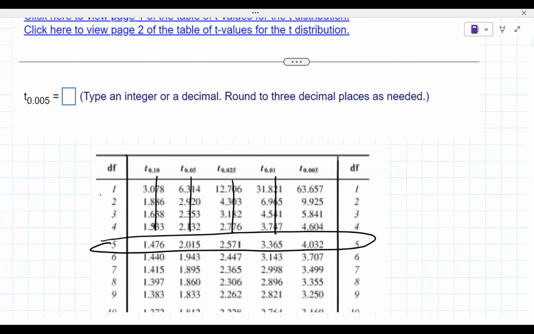So 0.005 is this one, the 4.032. Now, if you didn't understand that, we will do a bunch of those types of T calculations, but you will also be able to use the calculator to do some of those.